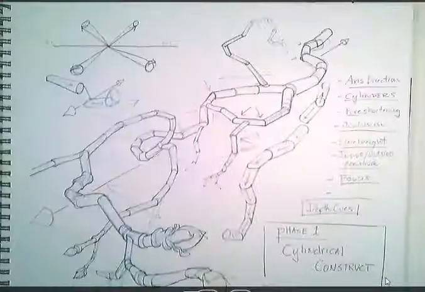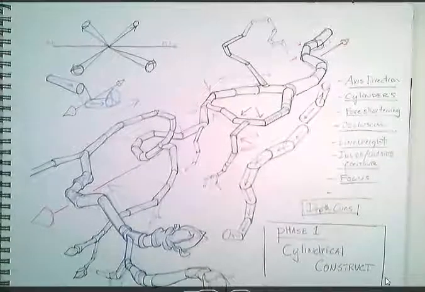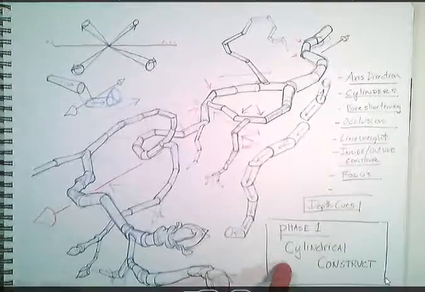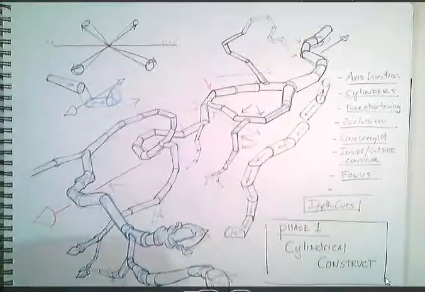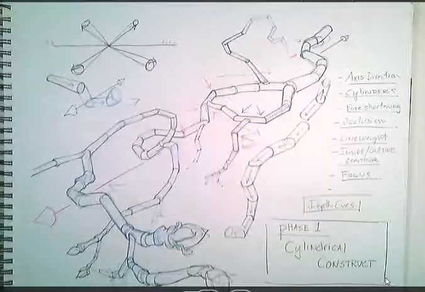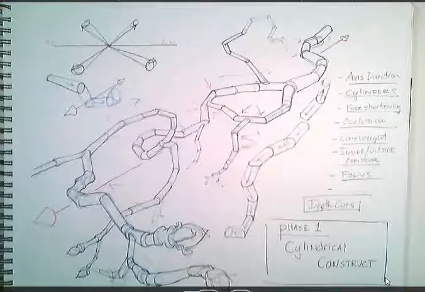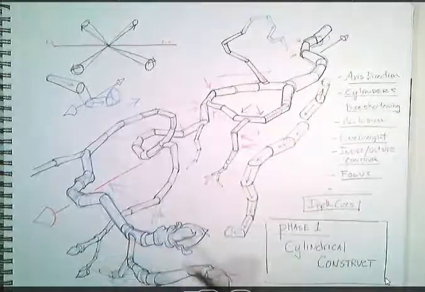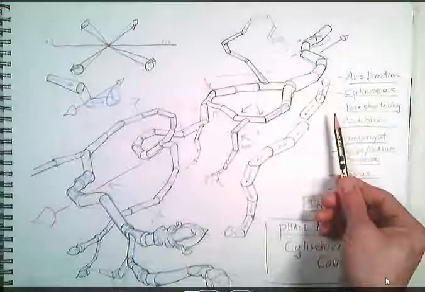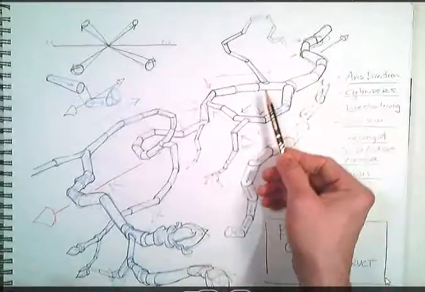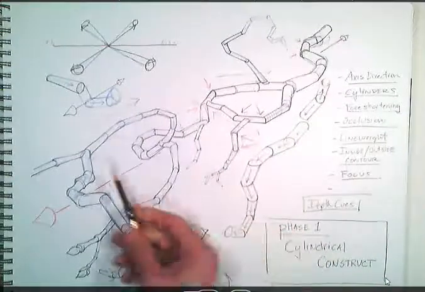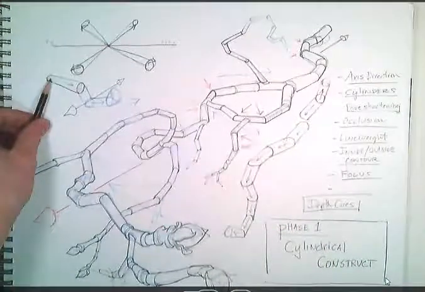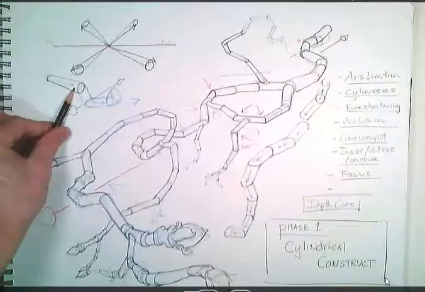So this is the first phase, which is cylindrical construct, and basically I want you to put your branch down so that you see it on an angled general axis, and then to construct it based on cylinders, where you're putting the cylinders together in a way that's indicating direction.